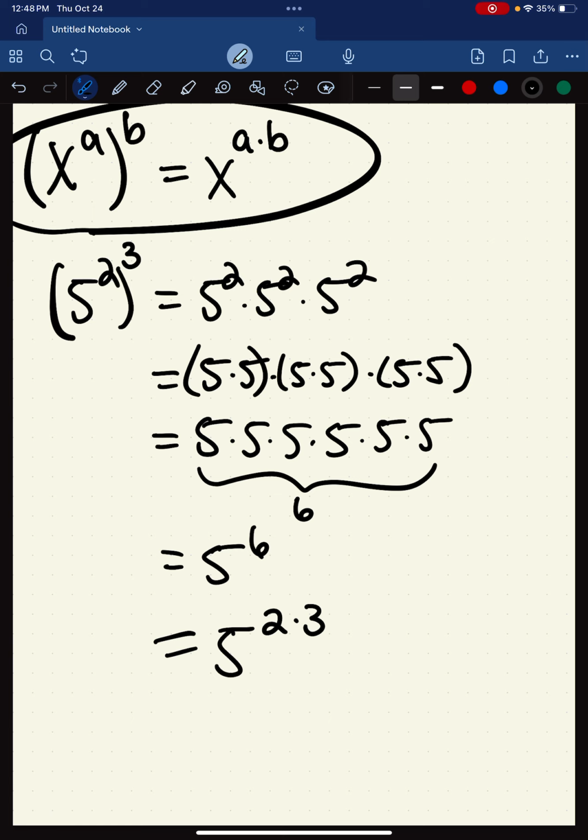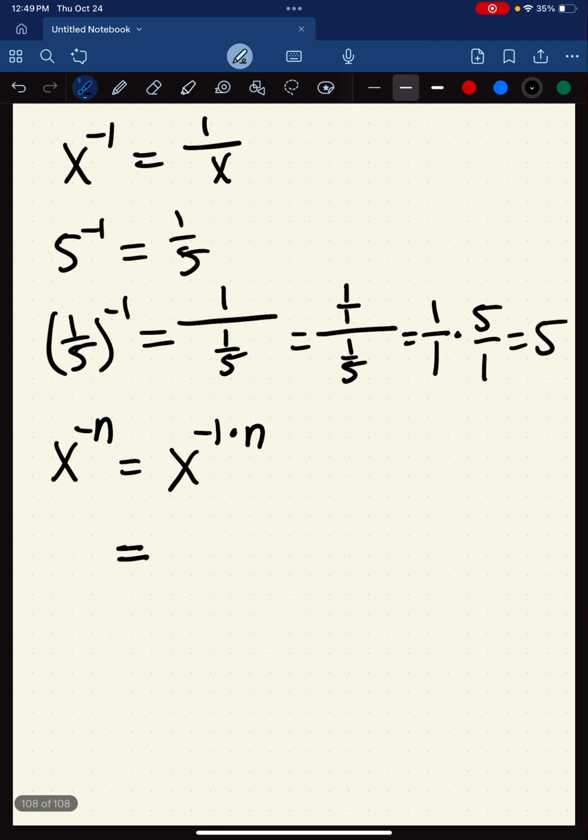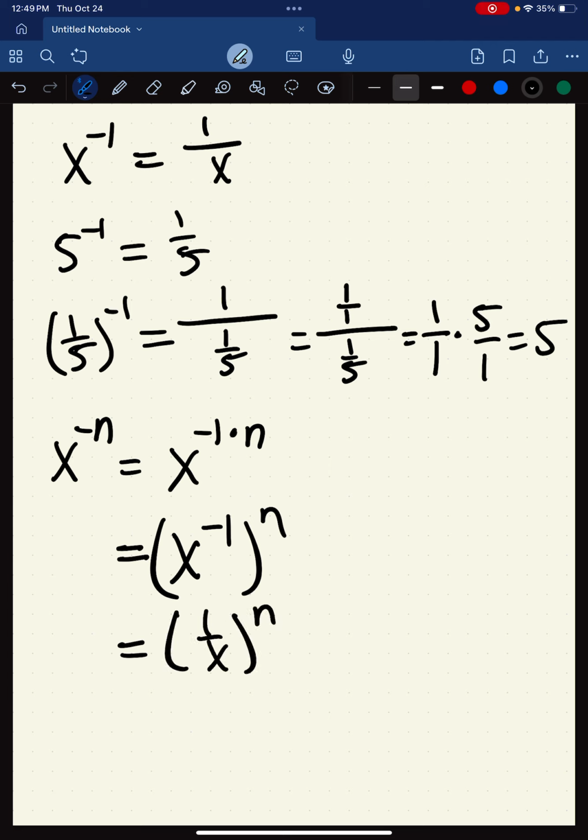We know from our previous property here, if we set a to be negative 1 and b to be n, we can write the right-hand side as what we had before, and the left-hand side is going to be x to the negative 1, to the n, right? So that's x to the negative 1 to the n. We know what x to the negative 1 is. That is 1 over x, to the n.